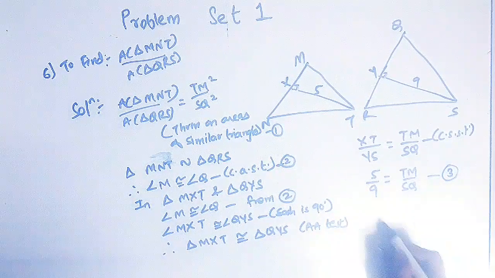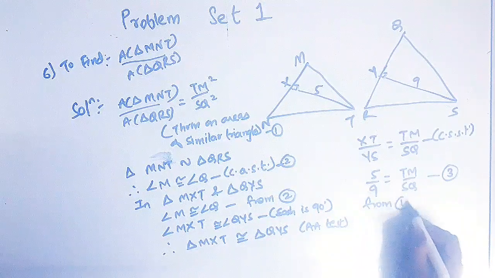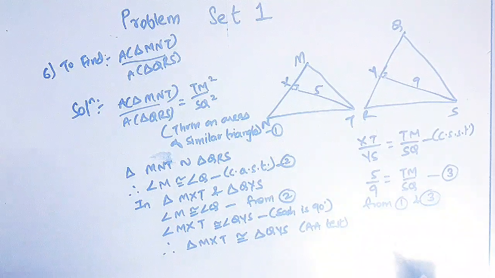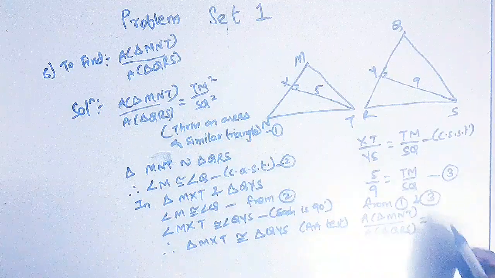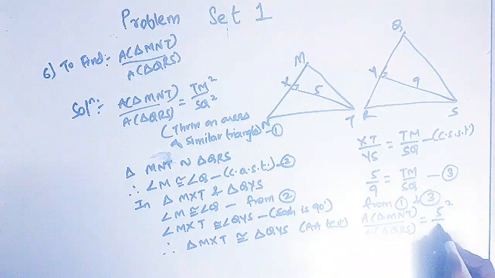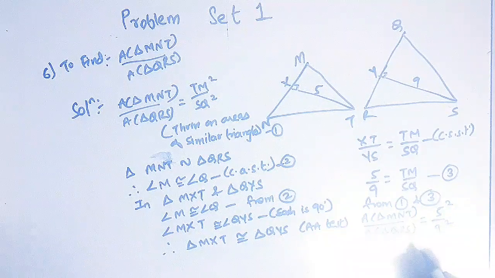I am giving this point number 3. So from 1 and 3, area of triangle MNT upon area of triangle QRS equals to TM square upon SQ square. So I'll write this 5 square upon 9 square. So what will it become? 5 square becomes 25 and 9 square becomes 81. So area of triangle MNT upon area of triangle QRS equals to 25 upon 81.